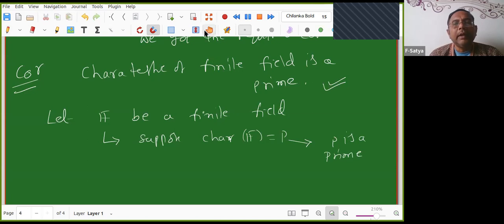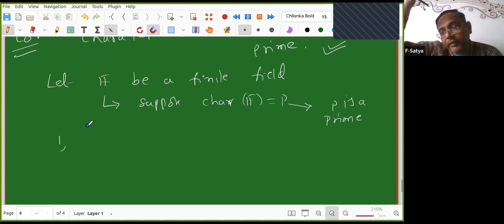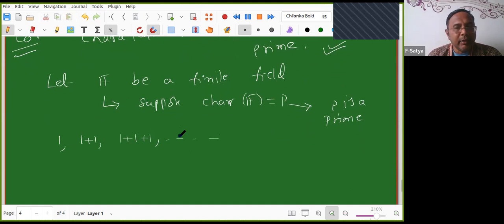Then what is this telling? So I take 1, right? 1 belongs to F, since every field contains 0 and 1, and they are distinct. Every field has at least two elements. Then 1, 1 plus 1, 1 plus 1 plus 1, right? Like that I'll go.